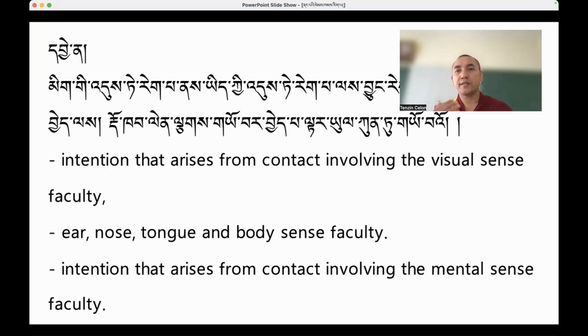If you look at the types of intentions, there are 6 types.